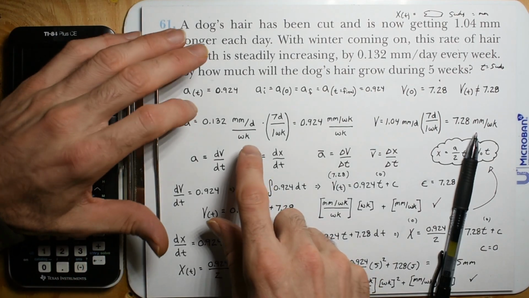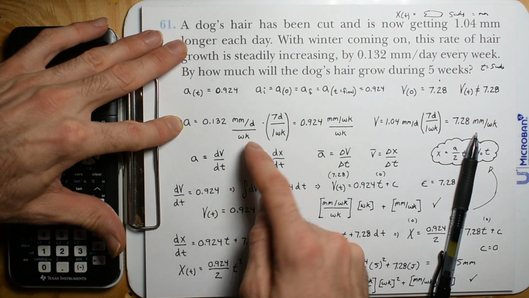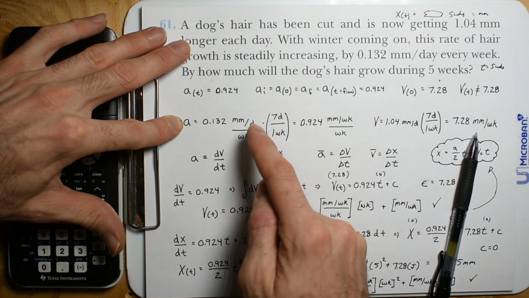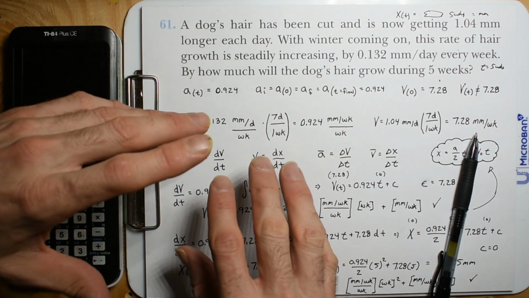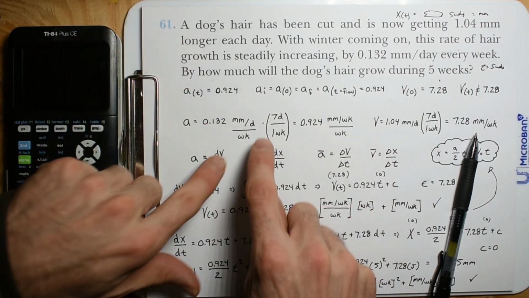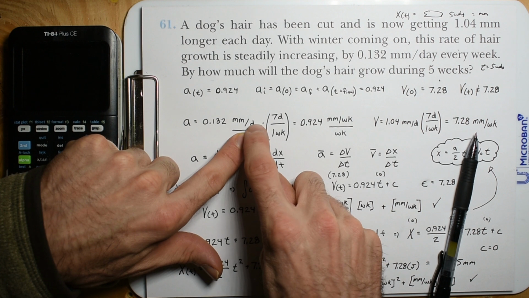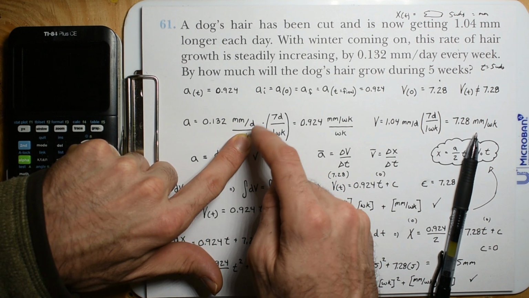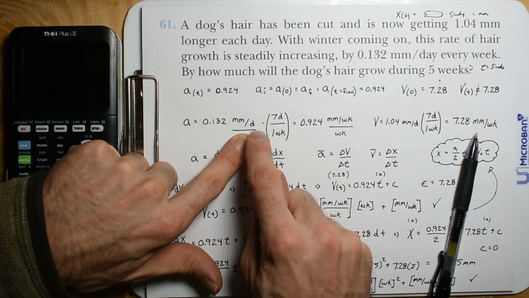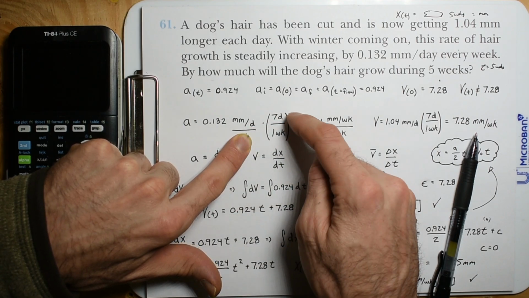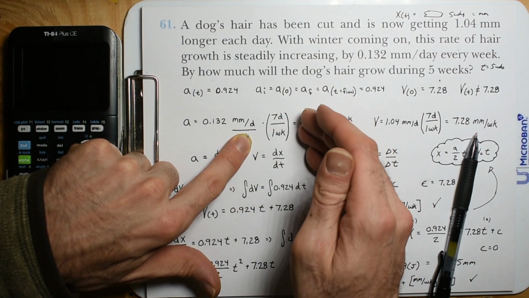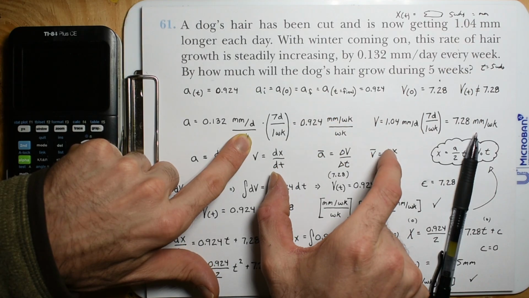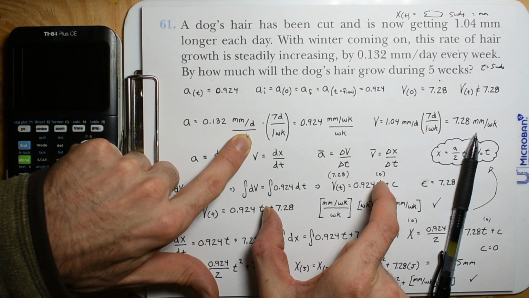That means we have to take this acceleration in millimeters per day per week and make it all in weeks. The days is the one that's off. So we have millimeters per day, and we need to multiply this by a unit conversion to change it to weeks. We know that 7 days is the same length as 1 week.